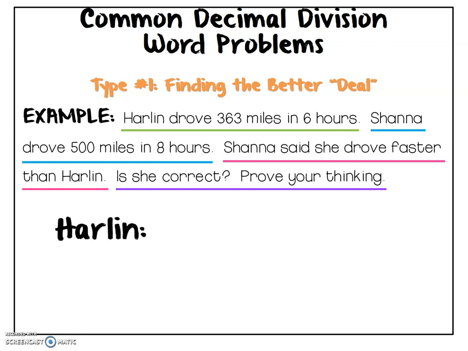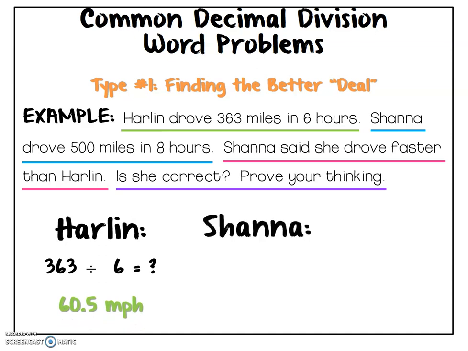So for Harlan, I know he drove 363 miles in 6 hours. If I divide 363 by 6, that will tell me Harlan's speed in miles per hour. That means Harlan drove 60 and 5/10 miles per hour on his trip. Now for Shanna, she drove 500 miles in 8 hours.